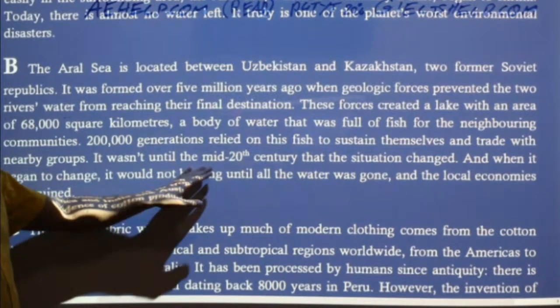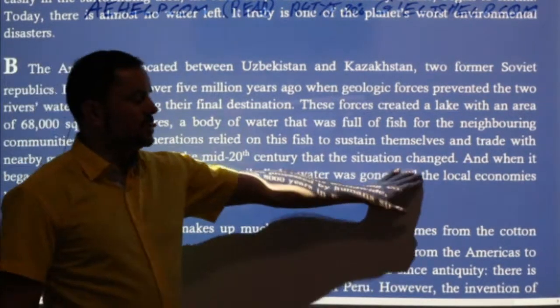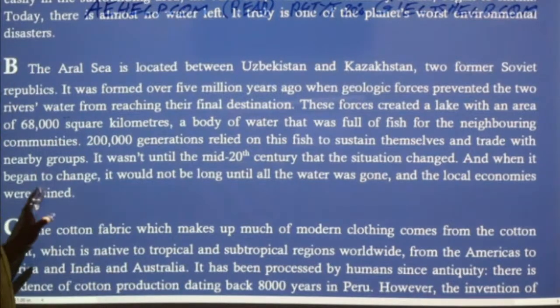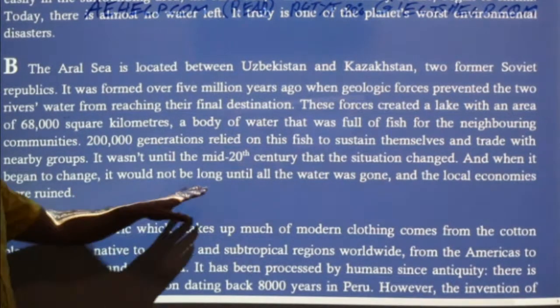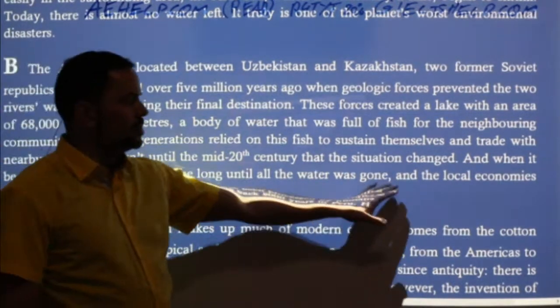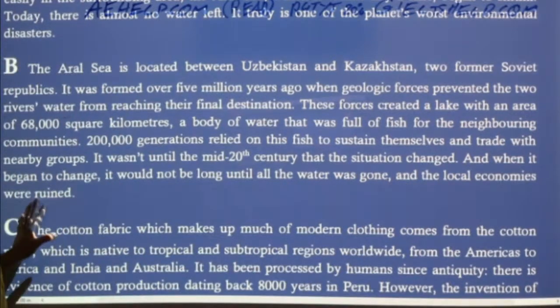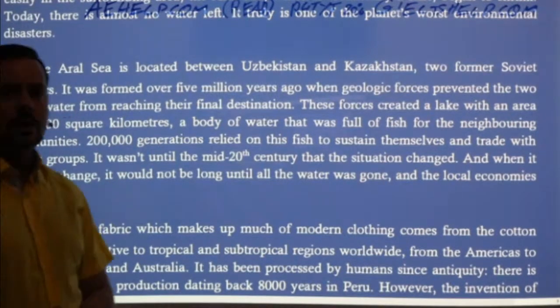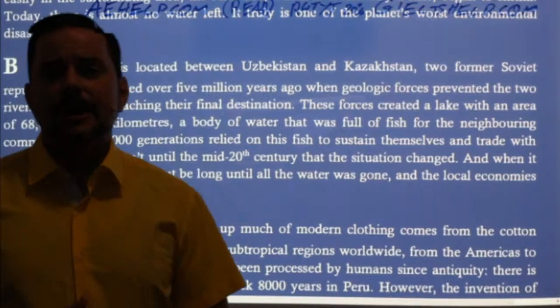It wasn't until the mid-20th century that the situation changed. And when it began to change, it would not be long until all of the water was gone and the local economies were ruined. So, what is this paragraph about?